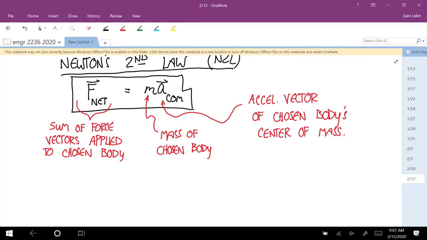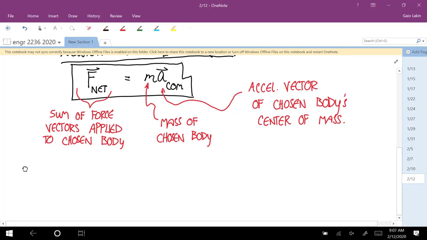So this equation is going to come up in every problem that we do in this topic. You can see from the definitions of these quantities that specifying a chosen body is going to be a key part of this.